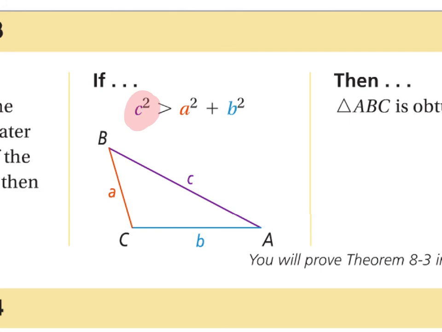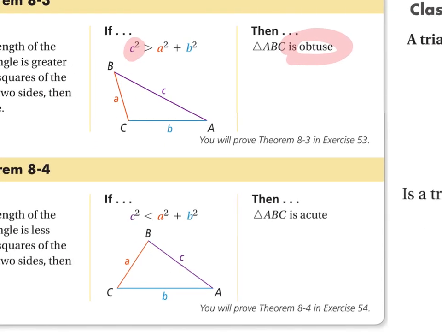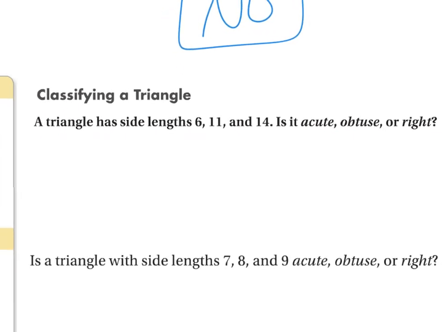If c squared is greater than the other two added together, it's obtuse. If c squared is less than, it's acute. The one trick I will ask you to do on this one is to make sure you write your c squared first. That makes it a little bit easier. Otherwise, you just have to flip the sign at the end, which I always get confused.